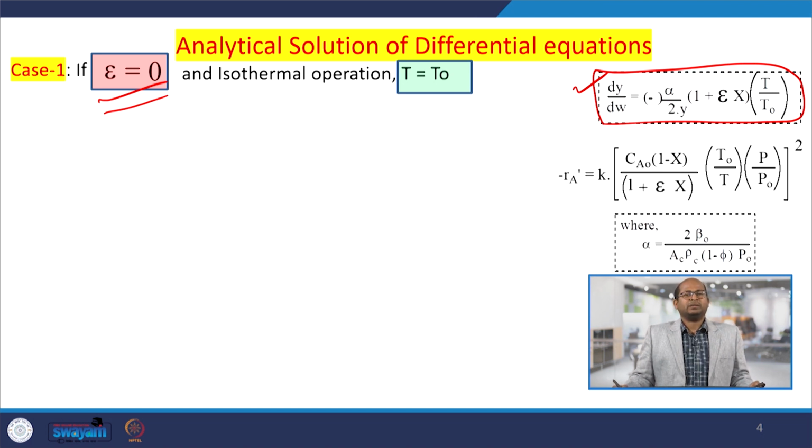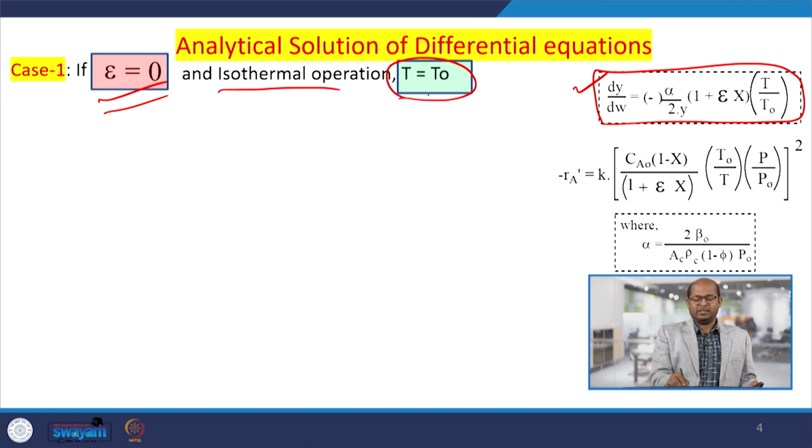Also, we consider the reaction operating inside the reactor under isothermal conditions, so the temperature of the bed is the same everywhere inside the reactor.